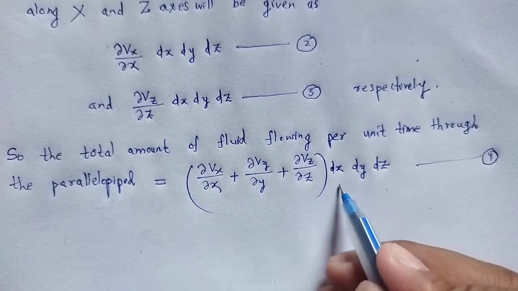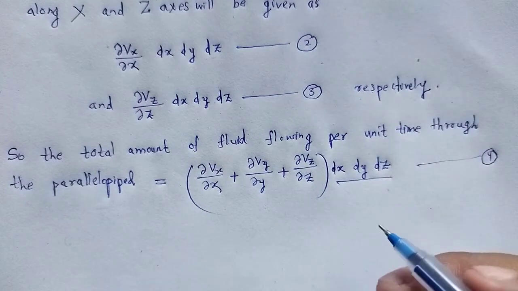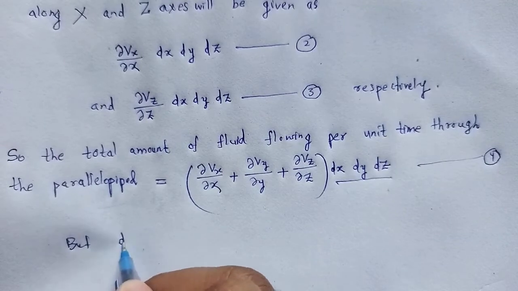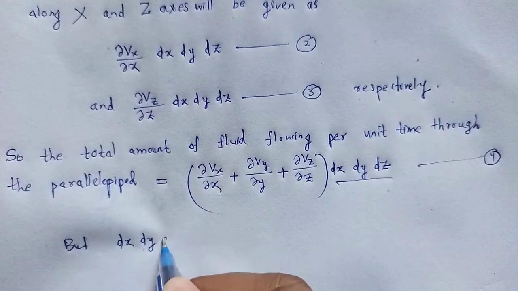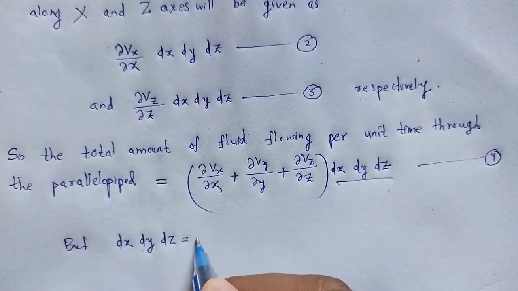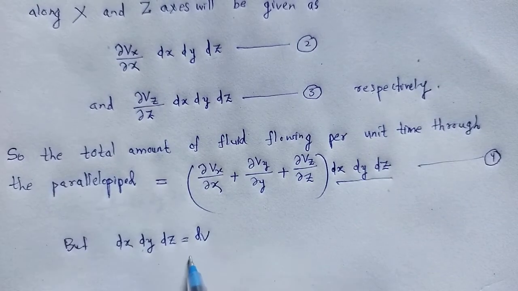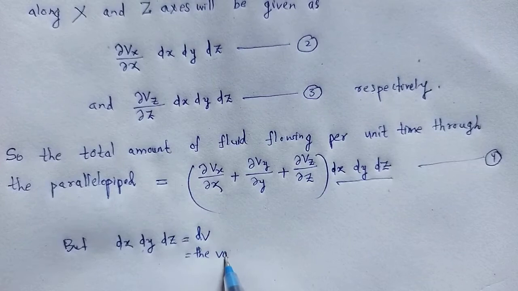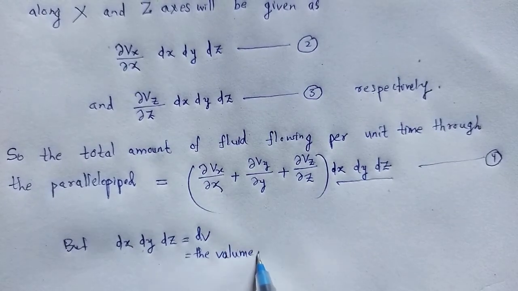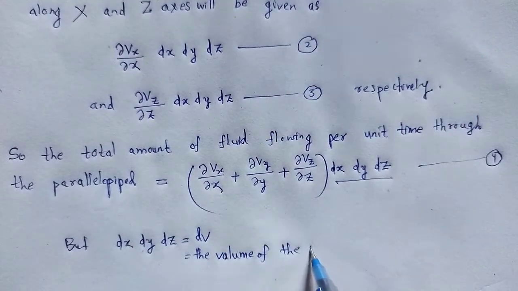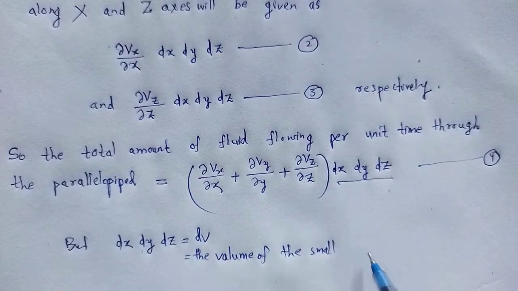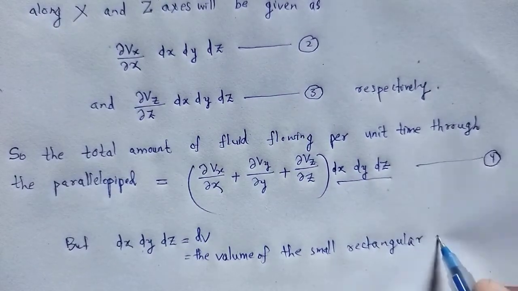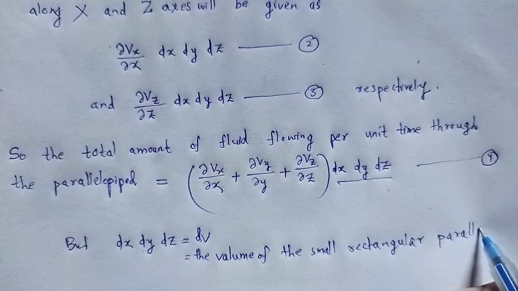But dx dy dz is equal to the volume element dv, the volume of the small rectangular parallelepiped.